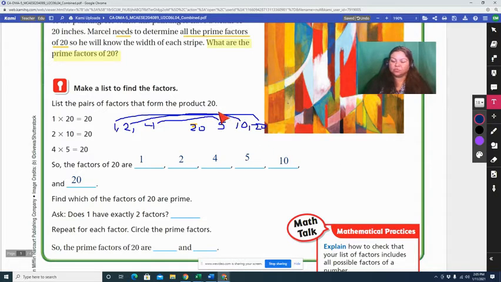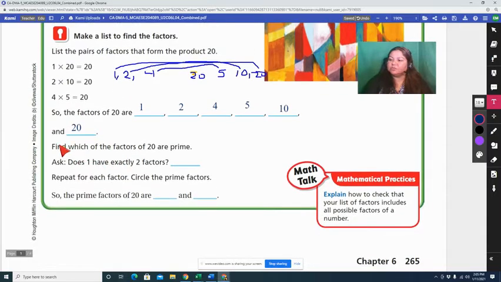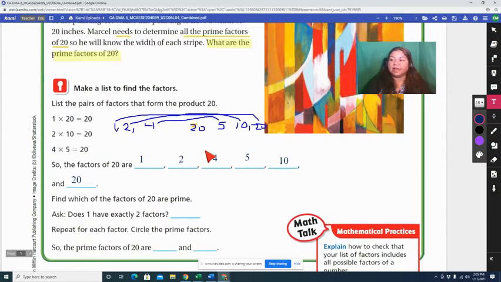Now, this is some of the type of questions that I've given you on the weekly quizzes. Once you learn this and you know how to do it, now it says find which of the factors of 20 are prime. So this is where we're going to keep going, because we want to find the prime factors.